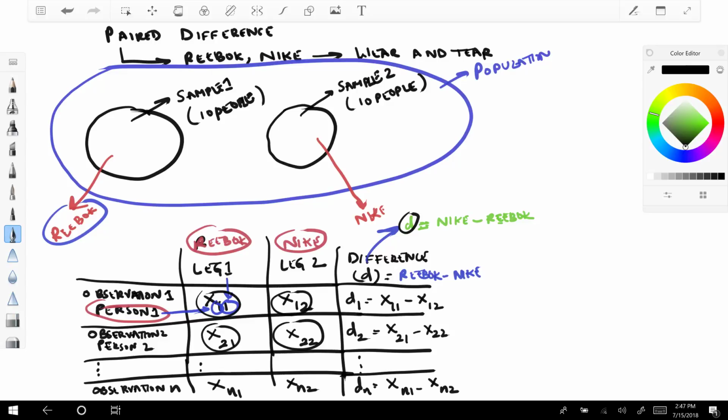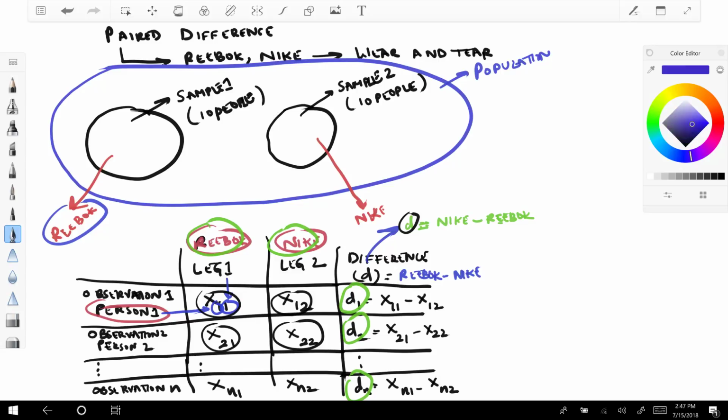So if you see, we have converted by pairing them. So we paired Reebok and Nike and converted these two variables into a single variable, which is d1, d2 and dn. So now I would be interested in knowing the mean difference.